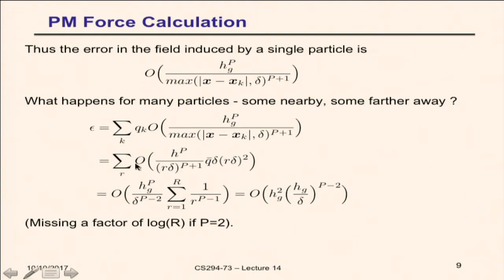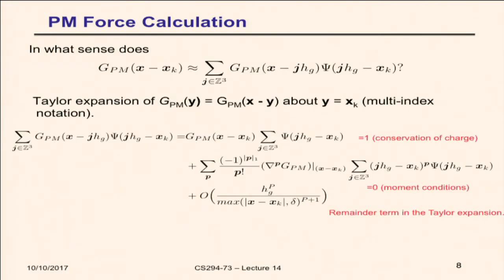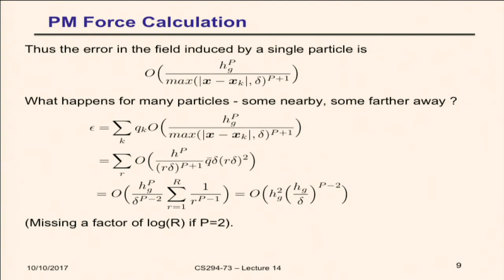What's that equal to? Well, if we have a uniform distribution, then the way we organize ourselves to understand what's going on is that we break the space around x_k into spherical shells of inner radius r and outer radius r plus 1.